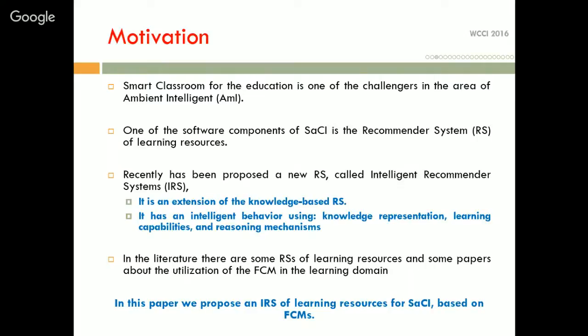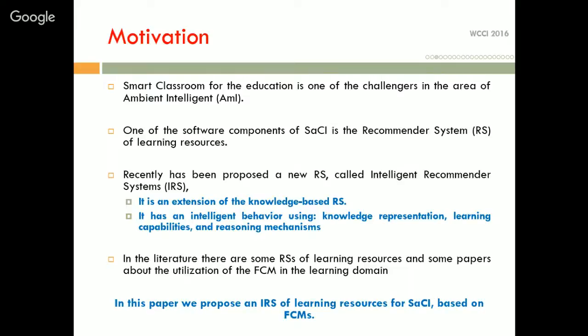And that defines a new type of recommender system that we call intelligent recommender system, because this type of recommender system needs to have three elements. It needs to represent the knowledge about the environment, the learning environment, it needs to have the capability of learning, and it needs to have the capability of reasoning.